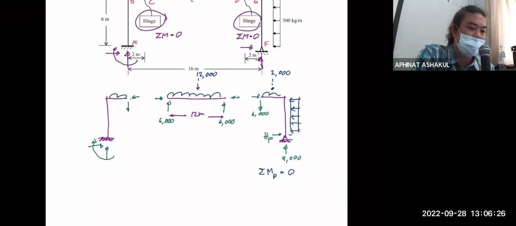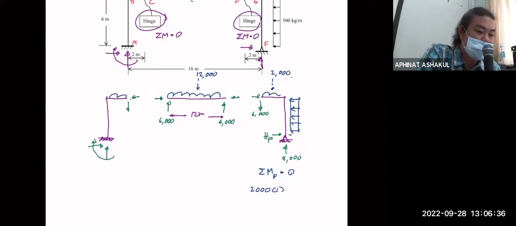So sigma MD equal to 0. Now we have 2000 multiplied by 1, right? Plus that thing is 500 kilogram per meter. 500 multiplied by the length, which is 6.